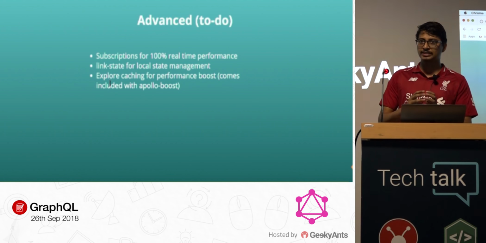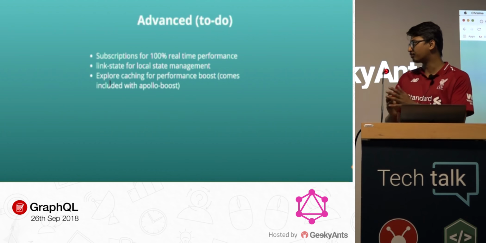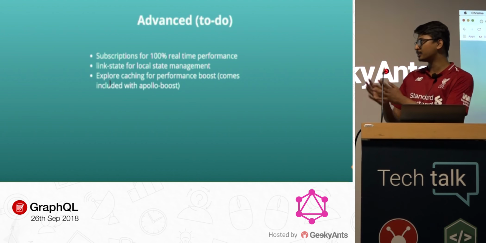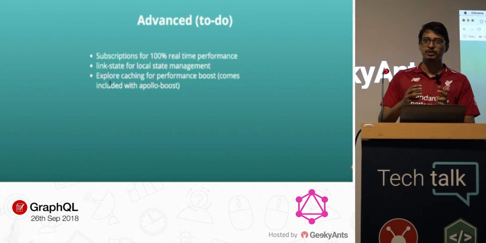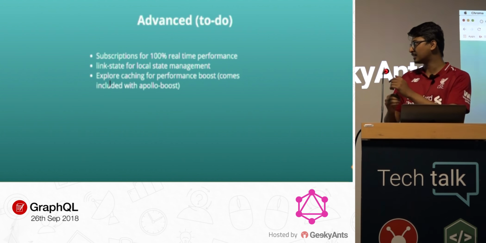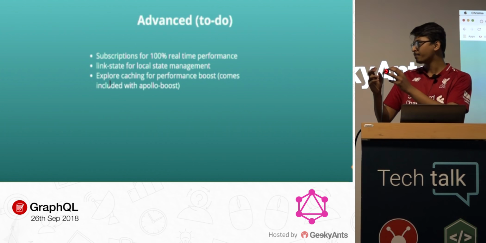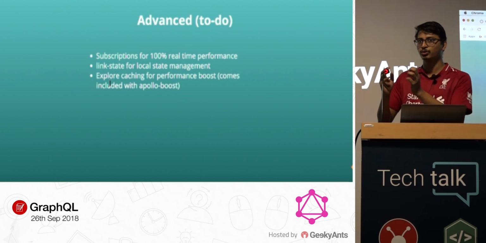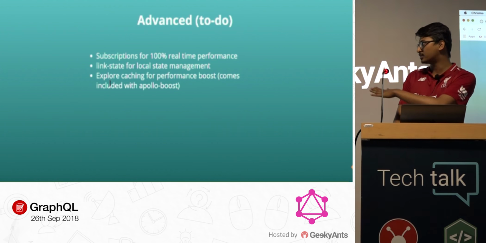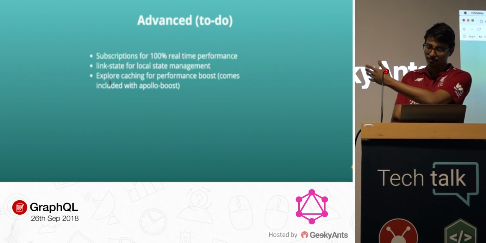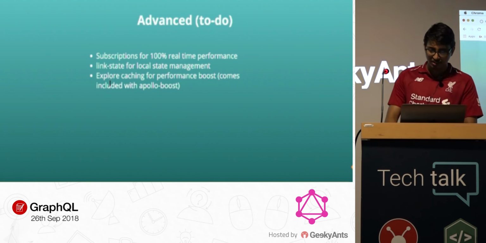How we use link state is very similar to how we use GraphQL in general. We also make queries to link state, like we make normal queries. Just that whenever we are using local state for link state, we write an @client flag before our query so that it knows it has to fetch from the local cache and not from the actual GraphQL server.